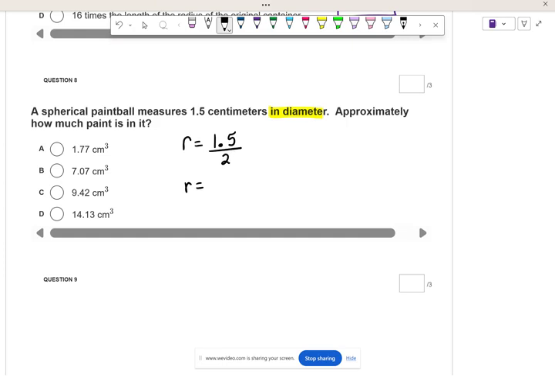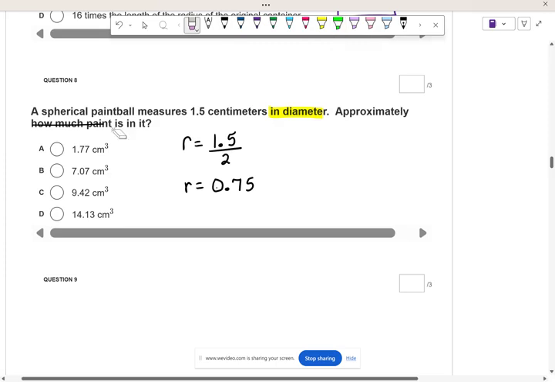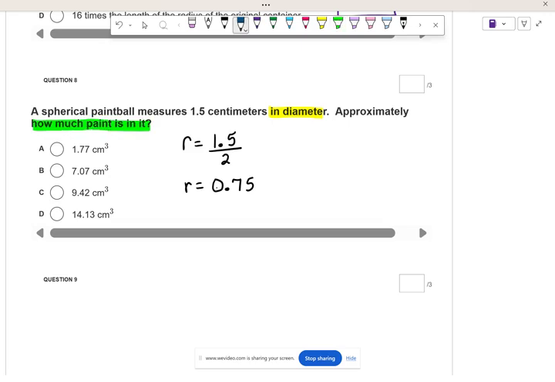We divide by 2. 1.5 divided by 2 would be 0.75. They want to know how much paint is in it. When you figure out how much something will hold, that would be the volume. So we're really finding the volume of a sphere.